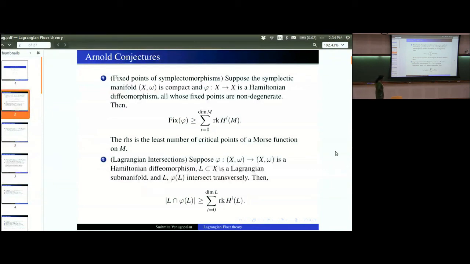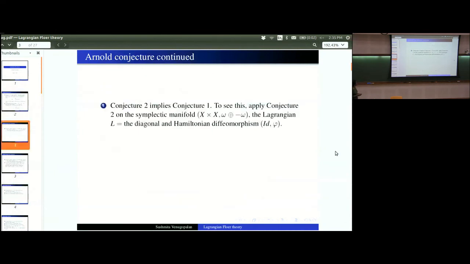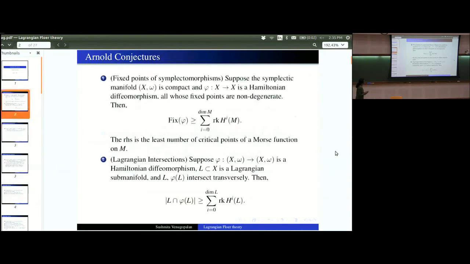This conjecture says that the number of intersection points is lower bounded by the sum of ranks of cohomologies of the Lagrangian this time. And these two conjectures are closely related. Yes, it's the actual cardinality.